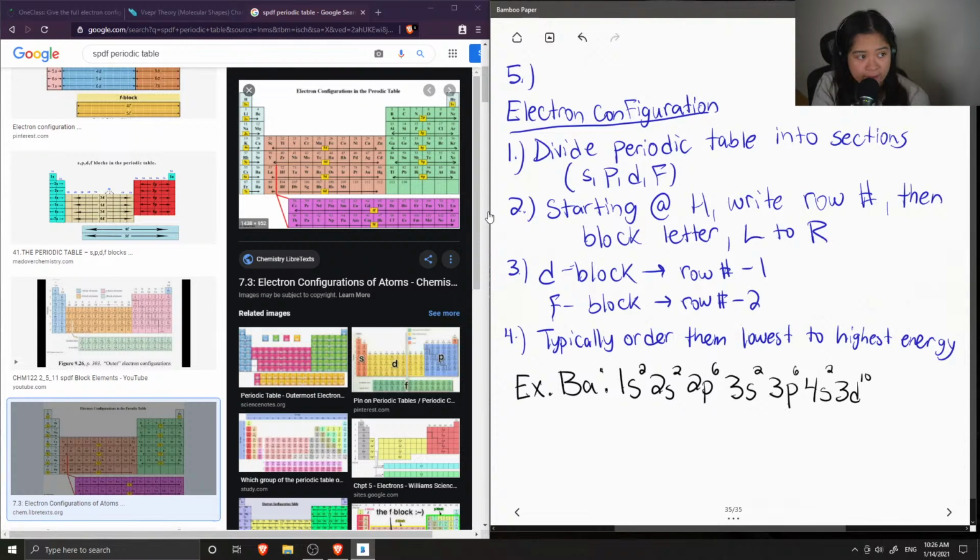You count out 1, 2, 3, 4, 5, 6, 7, 8, 9, 10 all across the d orbital. 3d10. I don't even know if I can fit them all in this line. 4p6, 5s2, 4d10, and then 5p6.